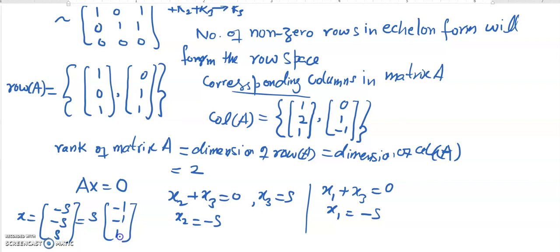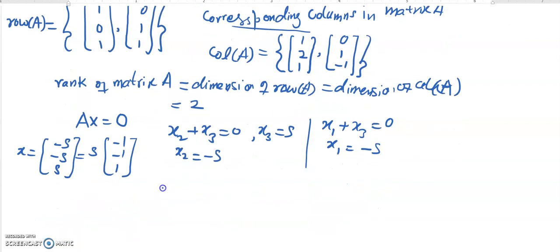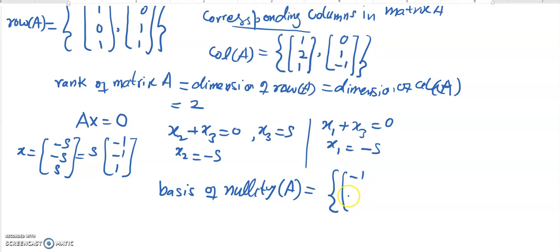So this minus 1, minus 1, 1 will be the basis of nullity of A. Okay, this will be called the basis of nullity A. It can be represented like this: minus 1, minus 1, 1.